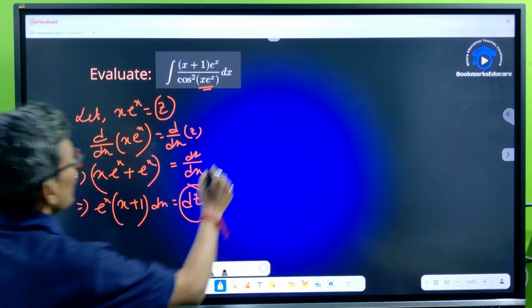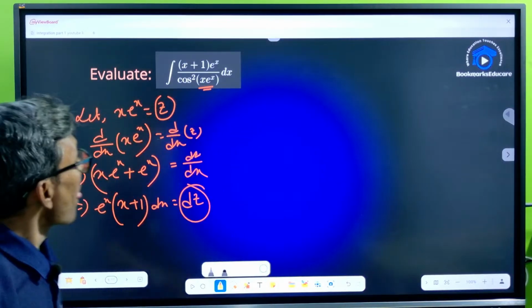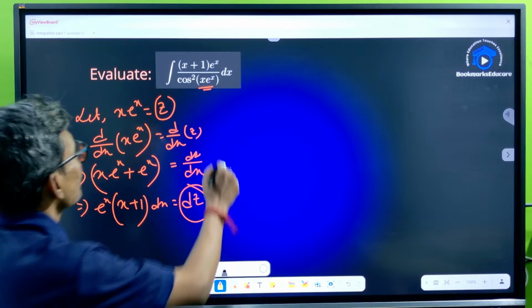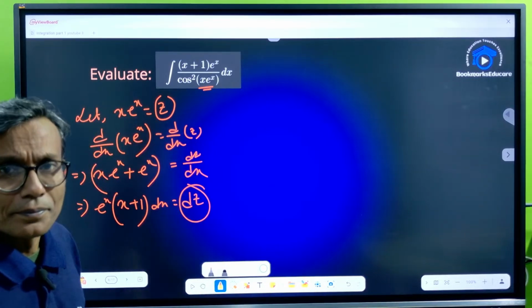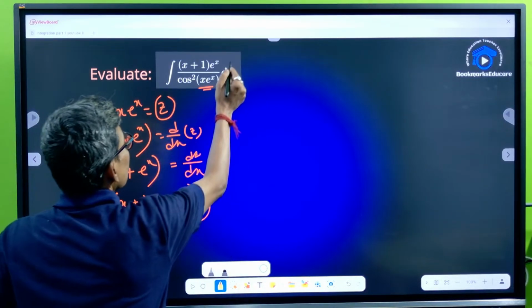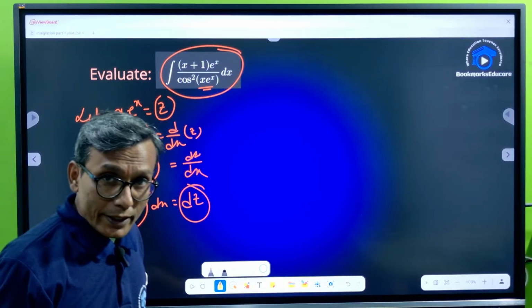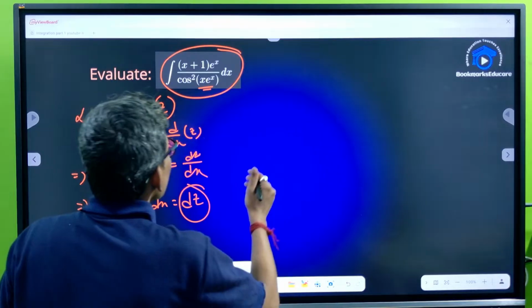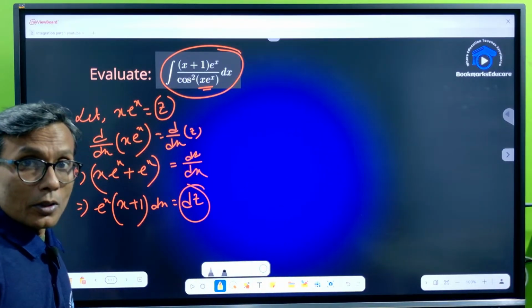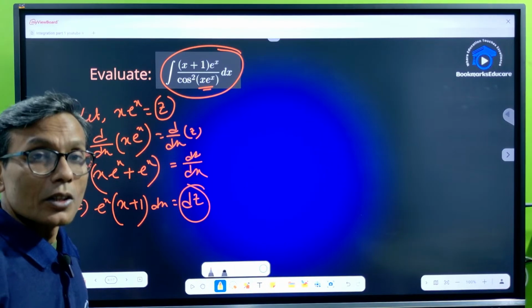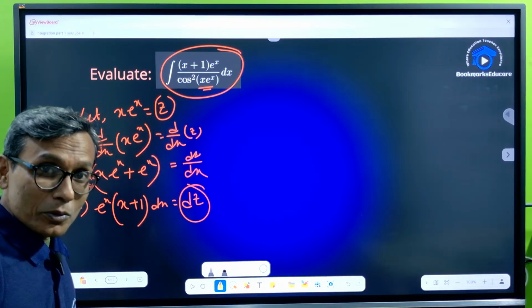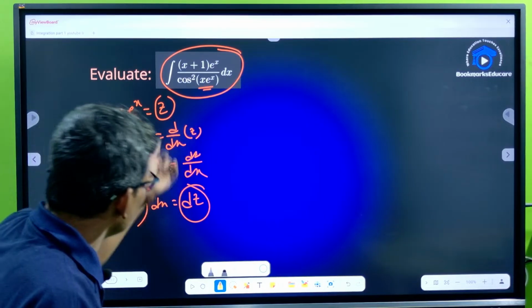So now substituting in the integral, this entire portion is known as the integral, evaluating with the new function in terms of z.